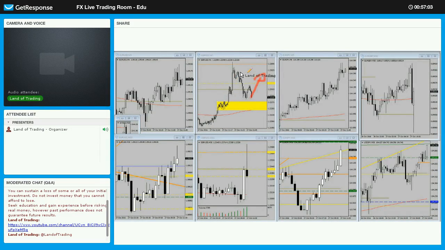Guys, one thing, I'm going to stay with Euro Pound, but as of now, of course I will confirm. The thing is that if we are going to get something like this, we may clean some stops here as well.